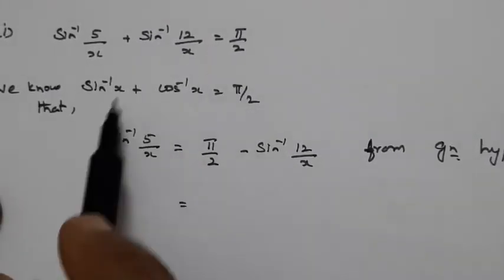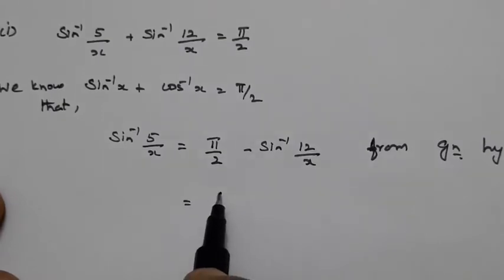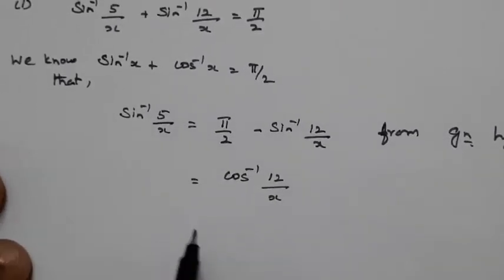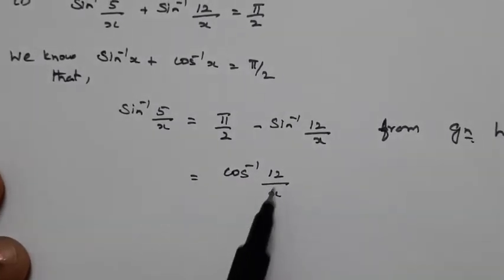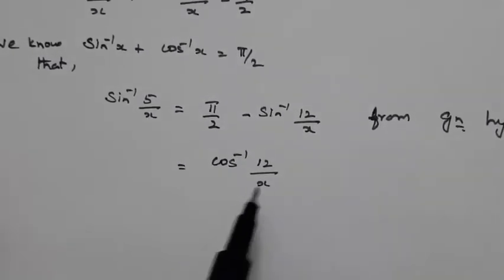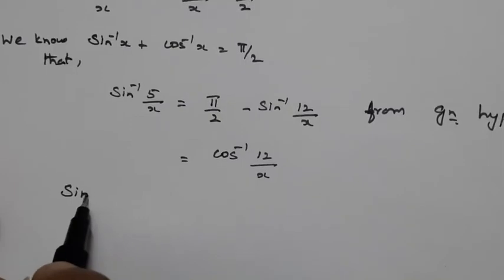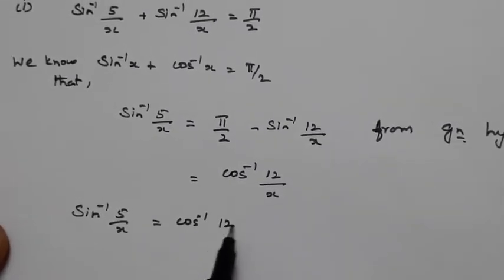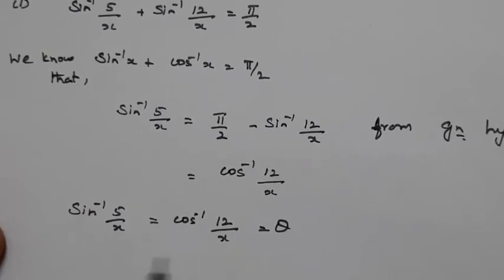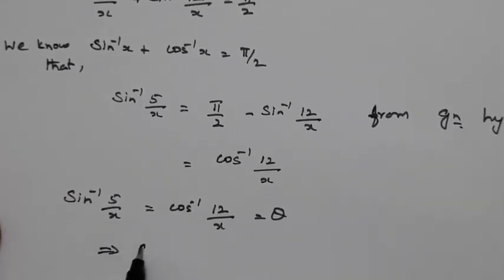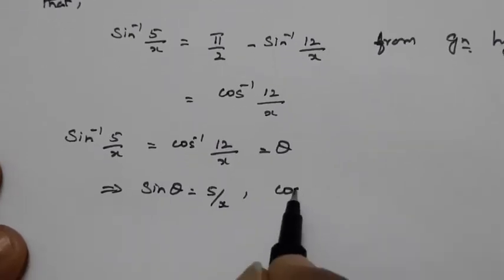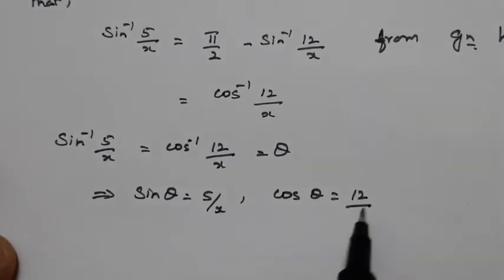According to this formula, this will be equal to cos inverse of 12 by x. So sin inverse of 5 by x and cos inverse of 12 by x are now equal. Let us equate the common quantity to be some theta. This implies that sin theta is equal to 5 by x and cos theta is equal to 12 by x.